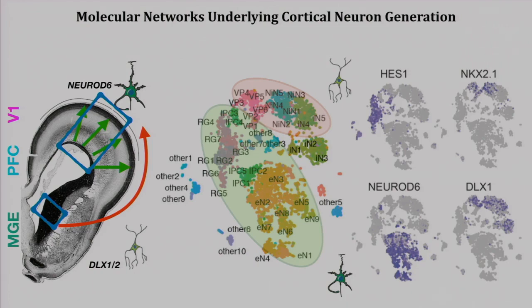And when we performed unbiased single-cell RNA sequencing and analysis, we could identify the major lineages of the developing cortex, including radial glia cells, intermediate progenitor cells, newborn excitatory neurons and maturing excitatory neurons, and then the ventral telencephalic or inhibitory neuron lineage that is distinguished over here and labeled with distinct markers.